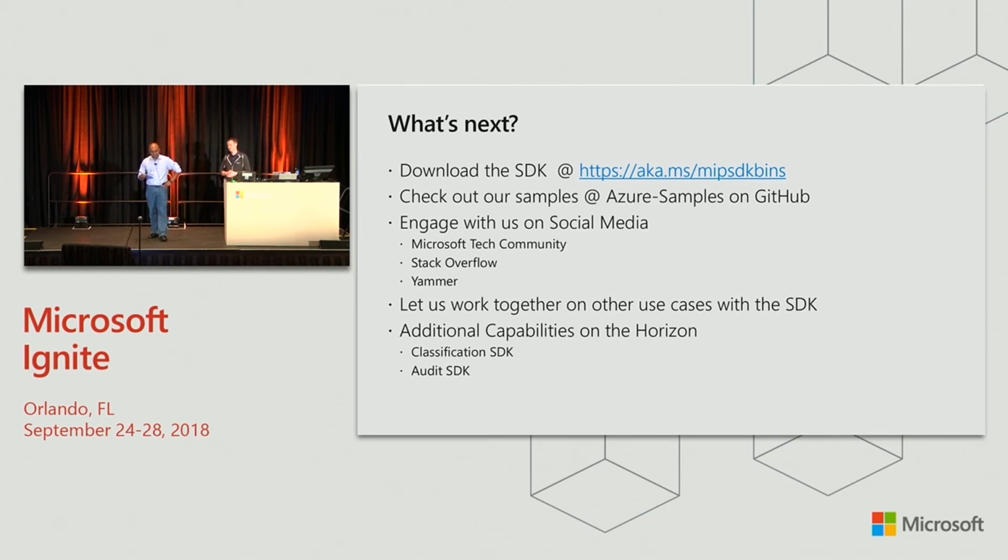Like I said, please engage with us. A few things that we're also looking at from a roadmap standpoint as we go forward. We're looking at building front ends, if you will, to our classification service. So you now have classification APIs being delivered as part of the SDK. In addition, we're also bringing some of the audit capabilities into the SDK itself.